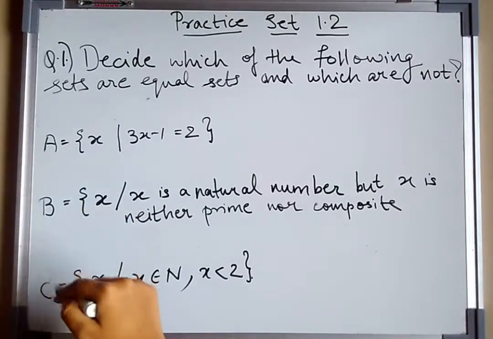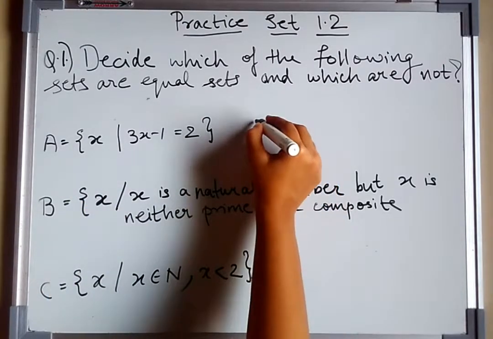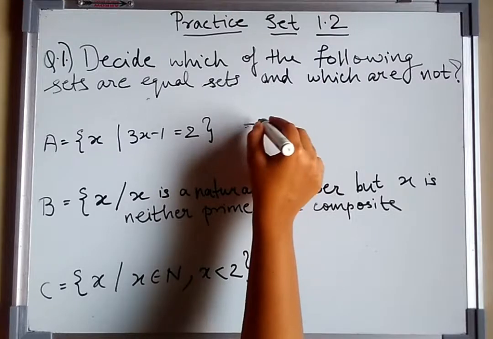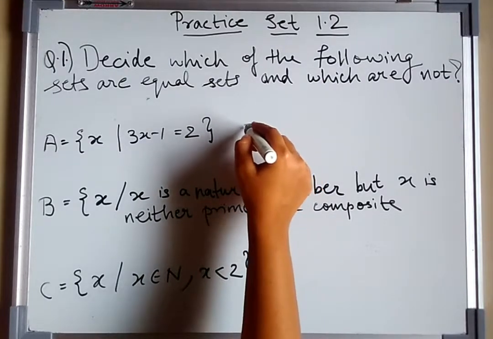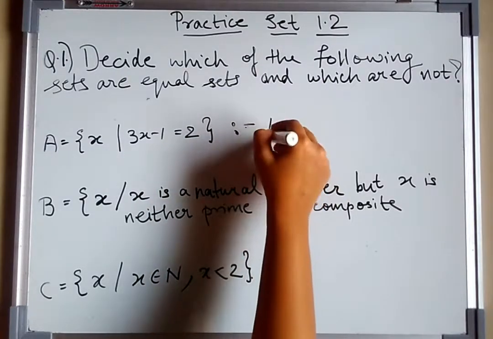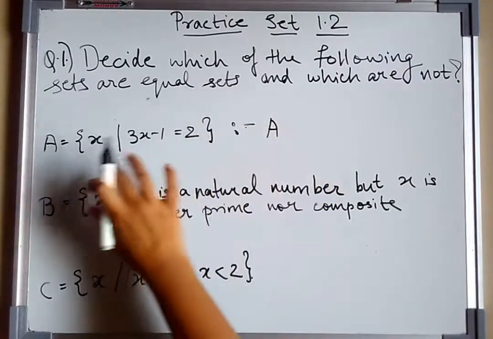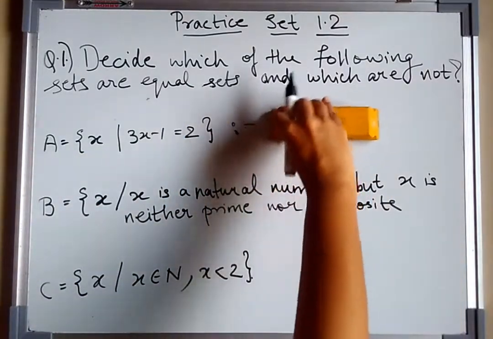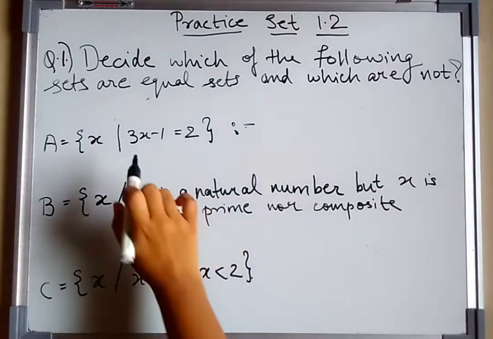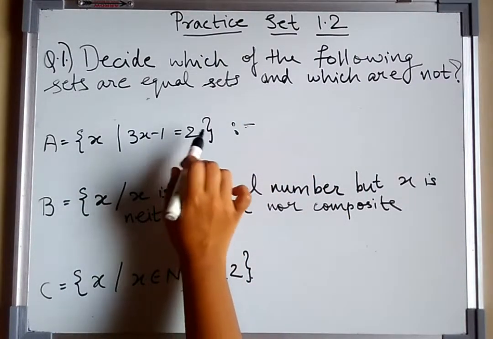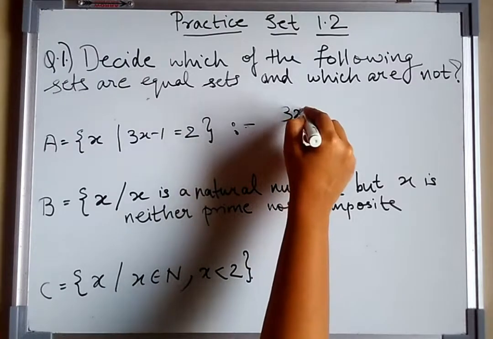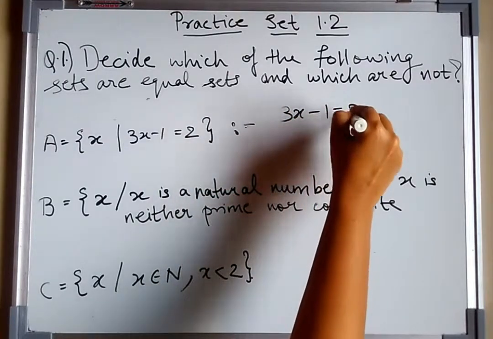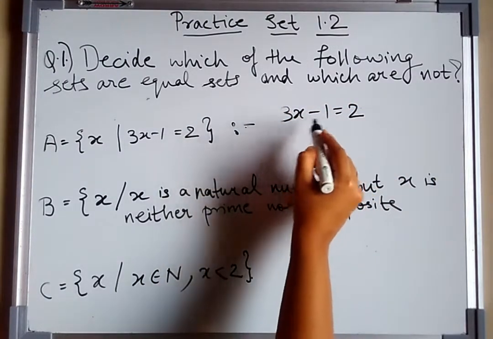So they have given 3 sets. Now I will try to write them using the listing method. A contains all such x such that 3x minus 1 is equal to 2. So first I will write the condition and solve for the value of x.